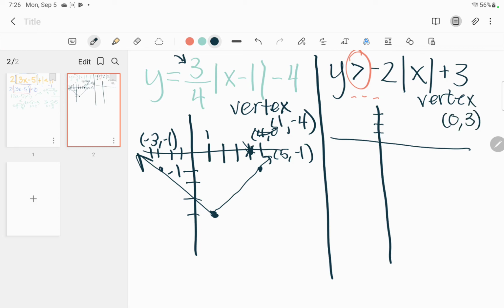It has no horizontal shift. It does open down because I have -2, and this is a horizontally compressed function because that absolute value of -2 is greater than 1. So I'm going to go down 2 and over 1, and then down 2 and over 1 on the other side.